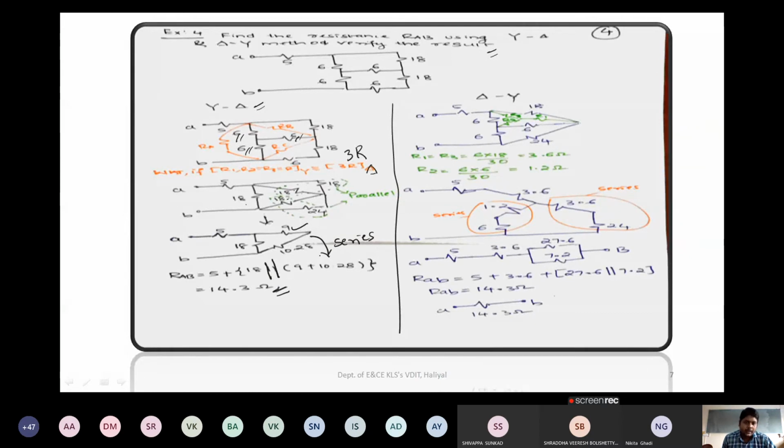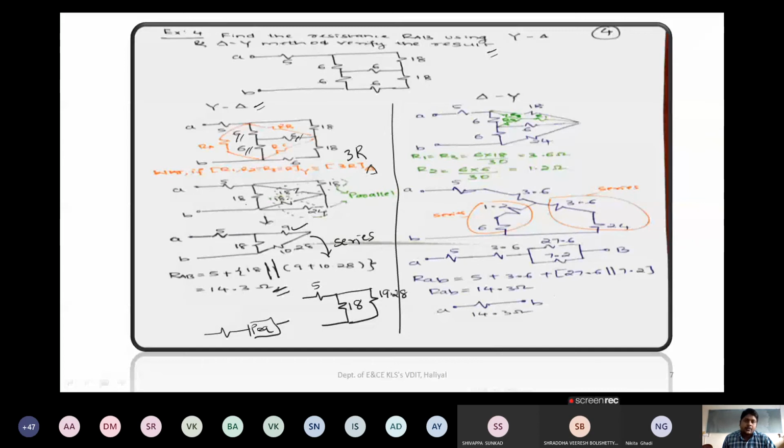If you want, you can calculate this separately. In series, you will get a network like this: 5 ohms, then 18 ohms, then this 9 plus 10, which will be 19.28. You can calculate this parallel value, then add, and place the parallel equivalent value here.